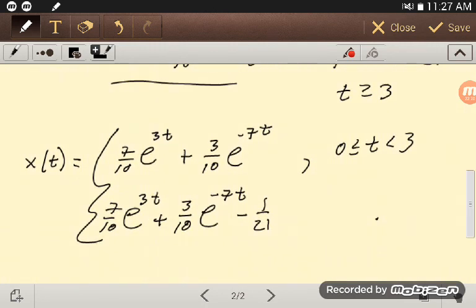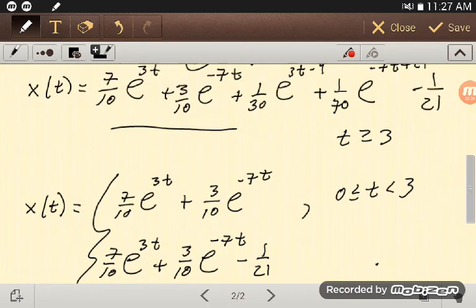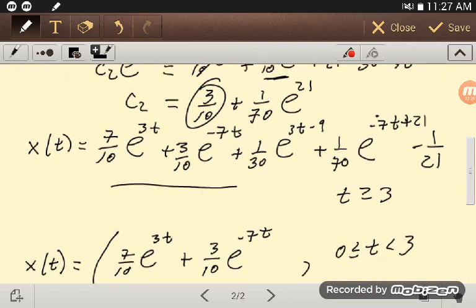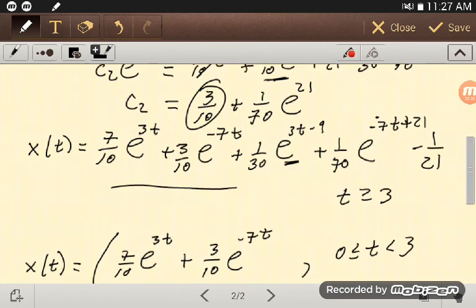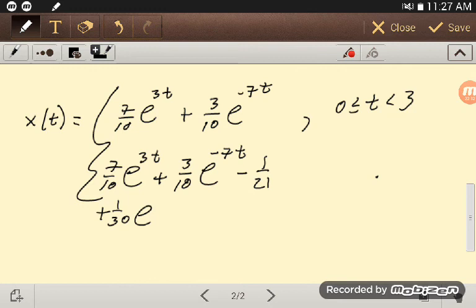Yeah. And then plus 1 over 30 e to the, now if I factor out a 3 up here in that e to the 3t minus 9, I can write it just like we had in the Laplace transform, t minus 3, and then plus 1 over 70 e to the negative, and if I pull out the 7, I'll have a minus 7 and then a t minus 3 because I had a plus 21.